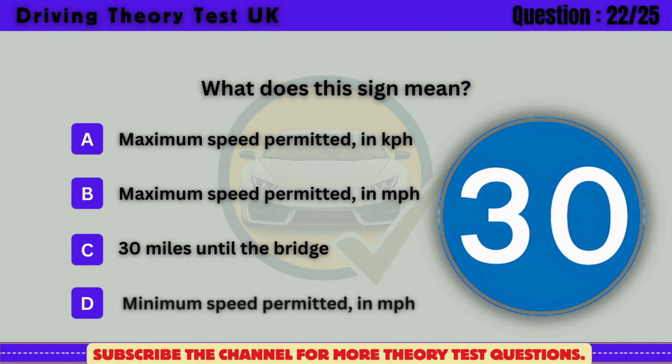Question 22. What does this sign mean? A. Maximum speed permitted, in kilometers per hour. B. Maximum speed permitted, in miles per hour. C. 30 miles until the bridge. D. Minimum speed permitted, in miles per hour.